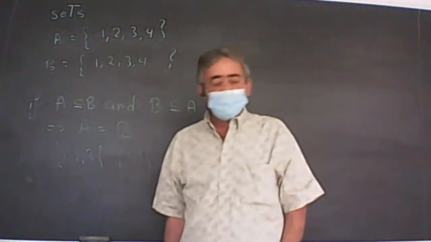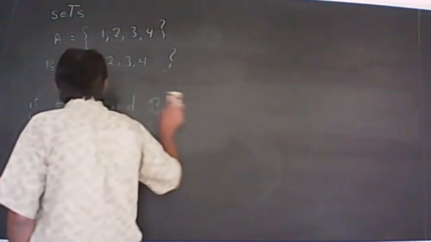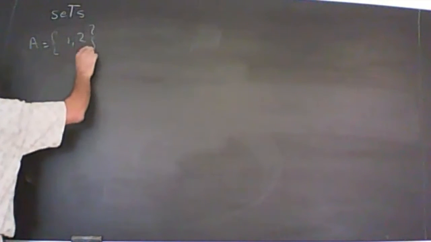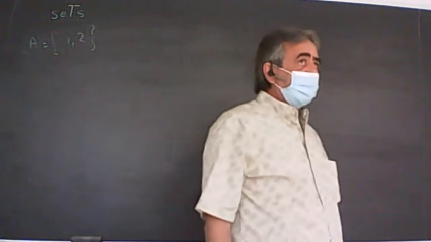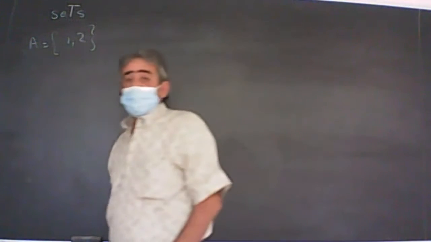Let's talk a little bit about subsets. Consider, for instance, I'm going to start with one set. Say A is equal to {1, 2}. Just two numbers. Let's figure out how many subsets I can make with those two numbers. First of all, let me introduce a set.